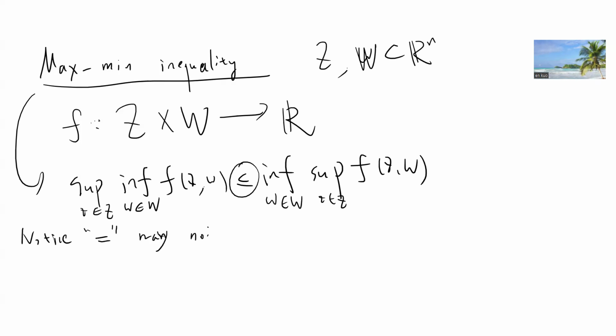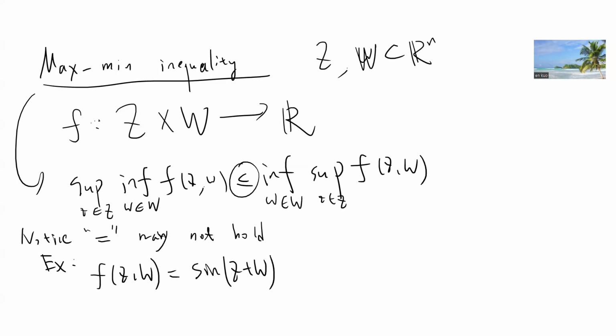A trivial example is that you take f(z, w) to be sine of z plus w. It's trivial to see that for any z, the infimum over w of sine is basically from -1 to 1, so taking the infimum over w for any fixed z always gives you -1.